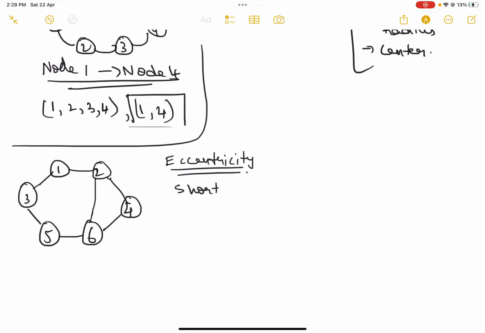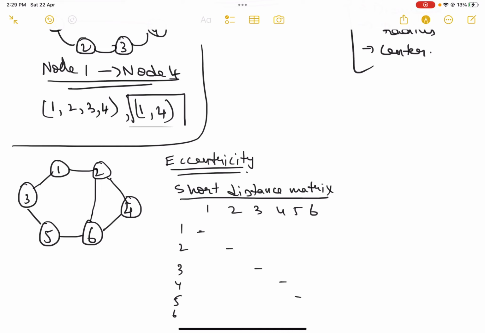First we have to make the shortest distance matrix, which is what we have: nodes 1 2 3 4 5 6 along both rows and columns. For the same node, from 1 to 1 there is no distance, so we just put hyphens there. 1 to 2, what is the shortest distance?